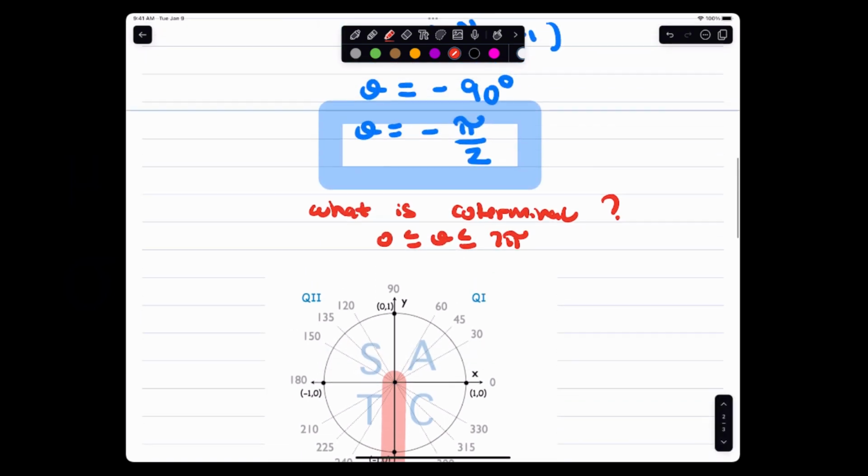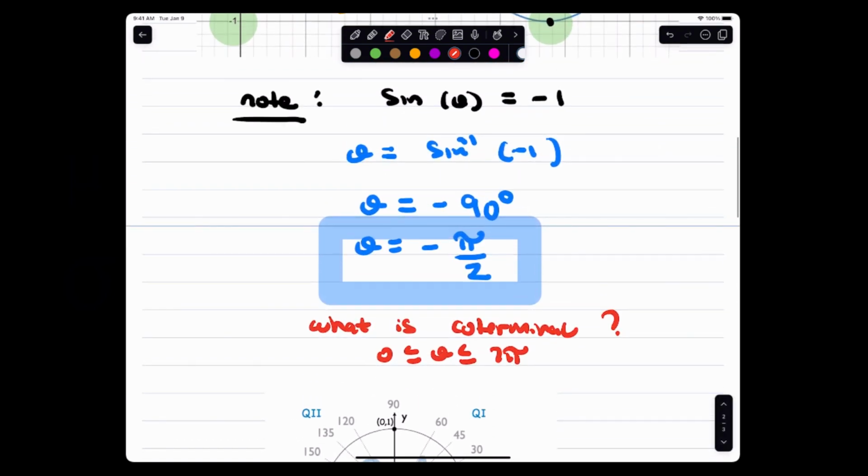Because remember, in order to get this answer, in order to talk about an inverse, that's a different restricted domain. That's only good from -pi/2 to +pi/2. That's what your calculator uses inverse functions for. Okay? So you're going to have to be awake if you're going to use your calculator. You got to know what's coterminal to this -pi/2.